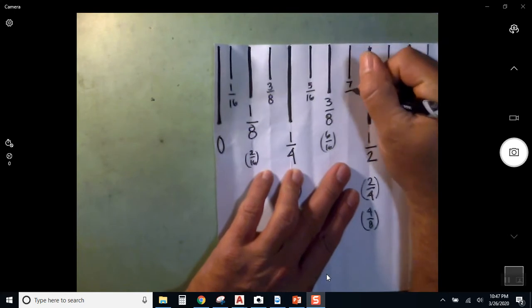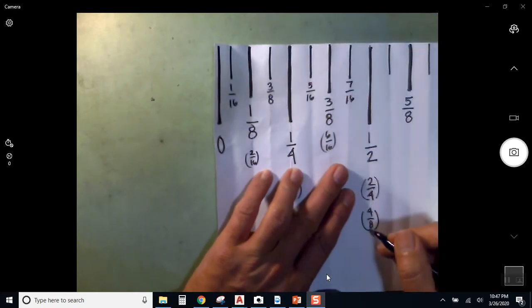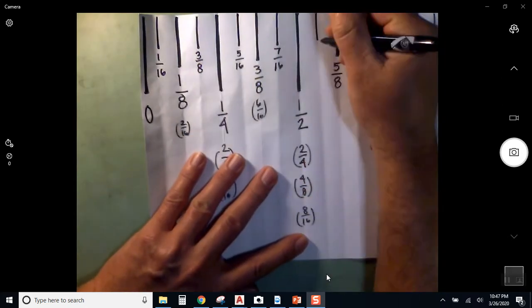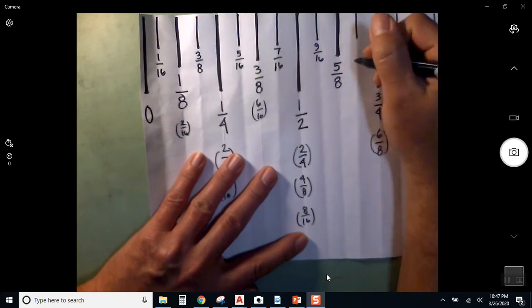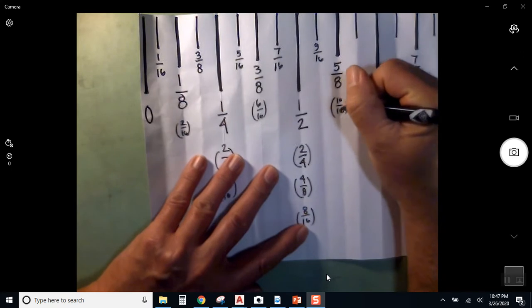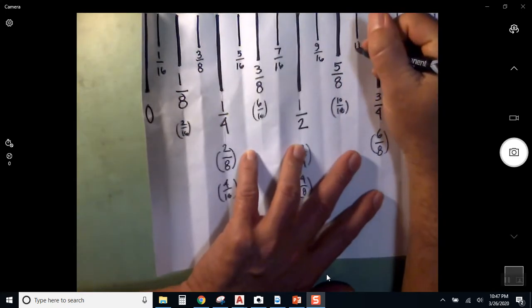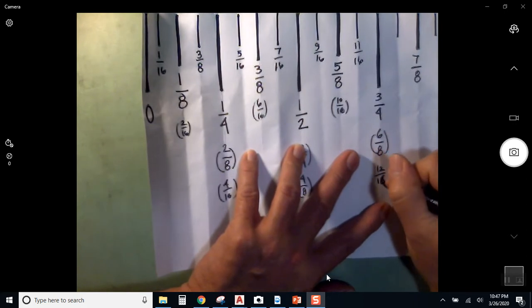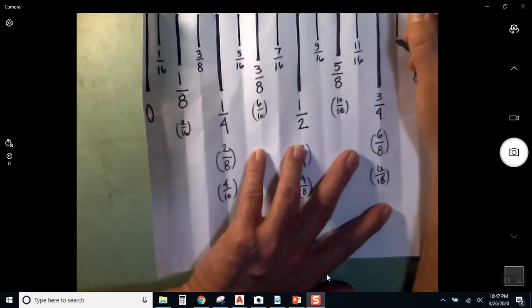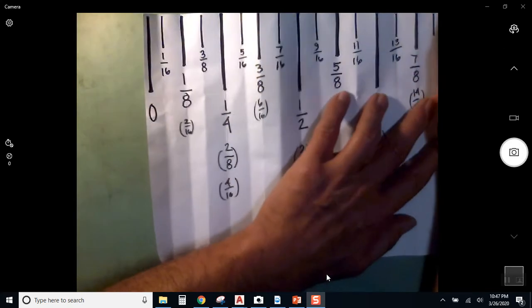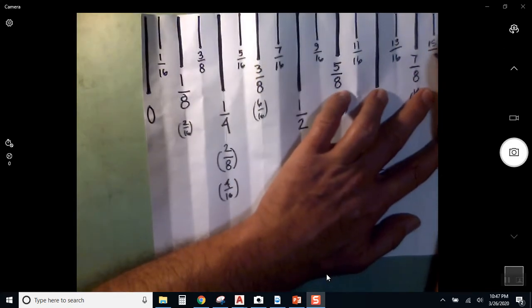That makes this 7/16. 1/2 is actually 8/16. 9/16. 10/16. 11/16. 3/4 becomes 12/16. 13/16. 7/8 would be 14/16. And last but not least, we have 15/16.